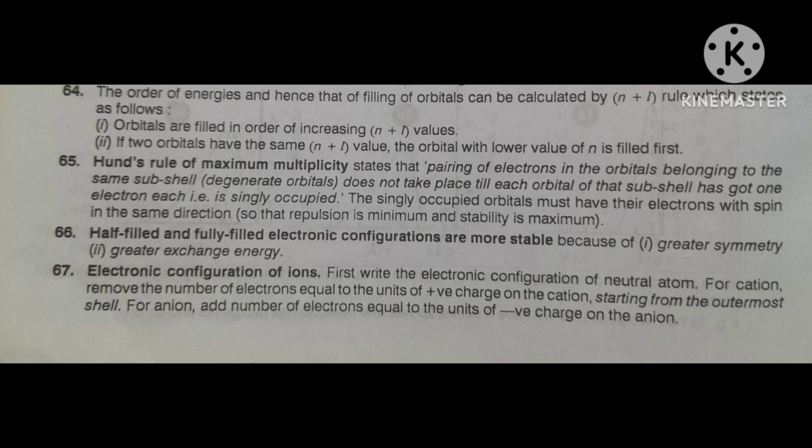If one electron is lost, suppose it was 11, then 11 minus 1, 10. Suppose it was 12 and 2 electrons gone, like magnesium, Mg2+. It means 12 minus 2, 10 only. If 16 was there, then 16 minus 2, 14. It means you have to write up to electron number 14 only. Just decrease however many electrons are gone from that atom.